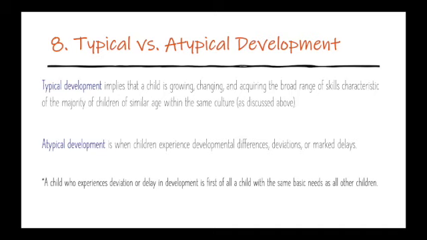It's important to note here that any child who experiences a deviation or delay in development is still first and foremost a child, as every child has the same basic rights and needs. The reason we talk about typical versus atypical is never to isolate or to separate children from one another.